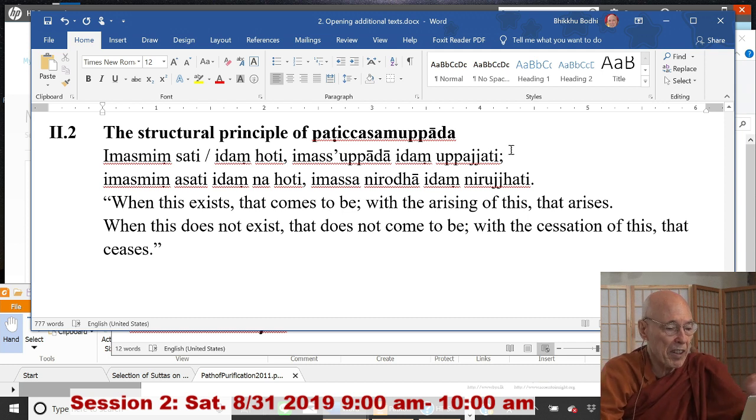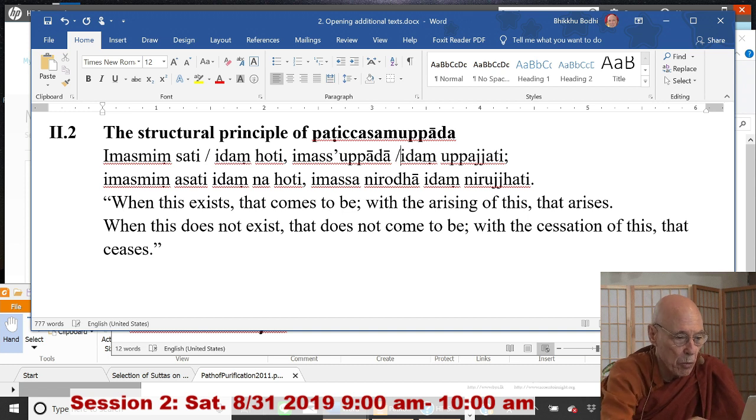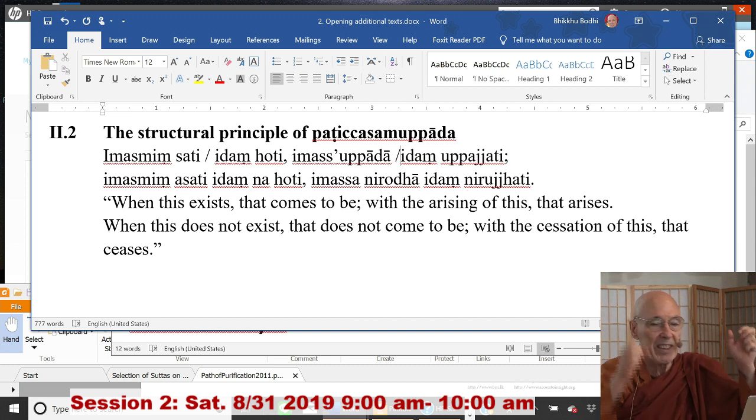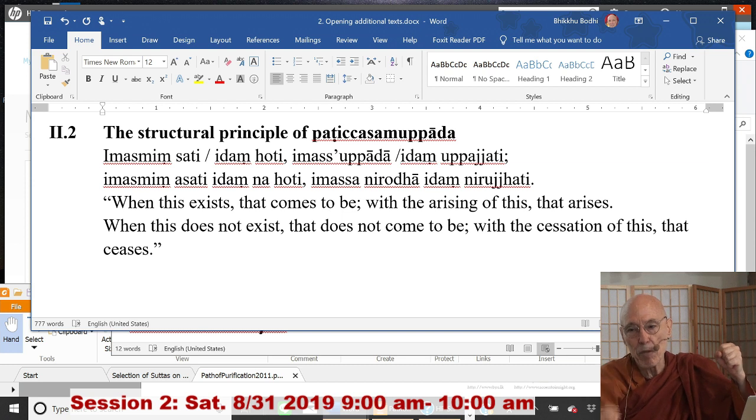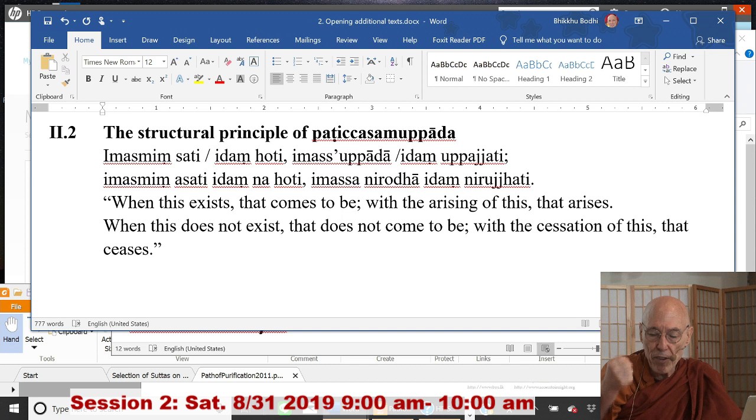So we have the first part of this principle expressed in two ways. One is the existence of one thing in dependence on another thing. For this to exist, that must exist. And then the other way it's expressed is in terms of origination.